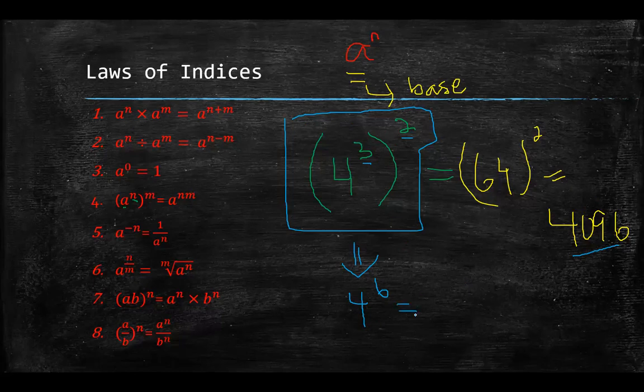So if you just punch that into a calculator now, you will get 4,096. And that is why they came up with the rule that a to the power of n, and this whole thing raised to another power, is the same as a to the power of n multiplied by m.